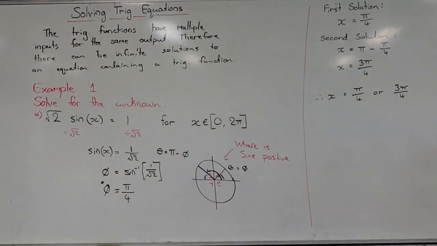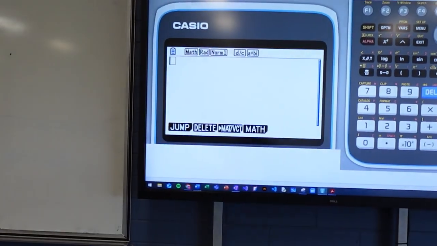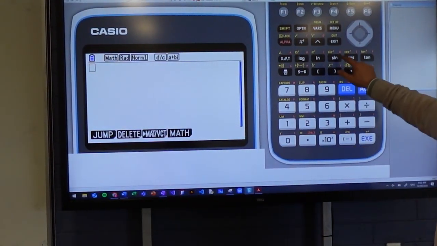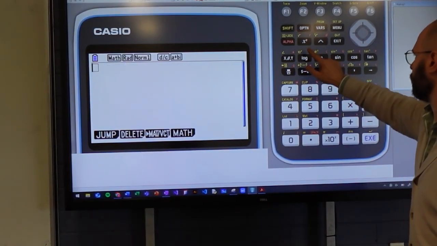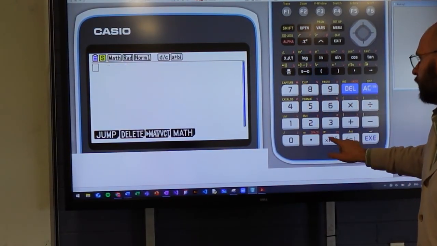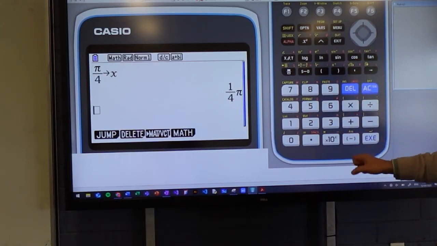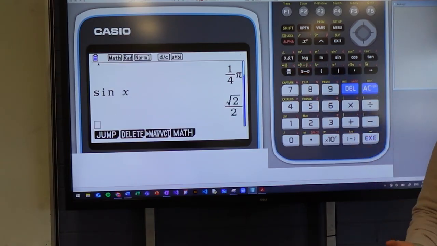Does this make sense? Now let's verify it to make sure that that's correct. What we can do is, on our calculators, we can simply type it in: sine, actually we'll go pi on 4 into x, and then we can say sine of x gives us root 2 on 2, which is the same as 1 over root 2.